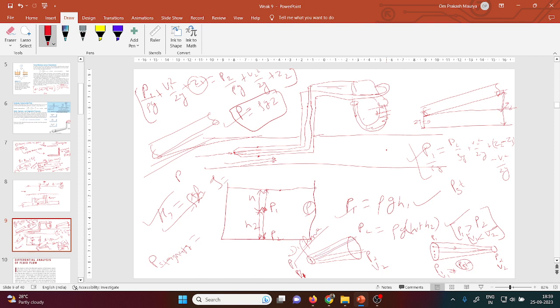So in that case what is happening, your static pressure P1 is less than P2 static pressure. But when you compare the stagnation pressure, P1 stagnation at 1 is greater than P2 stagnation.